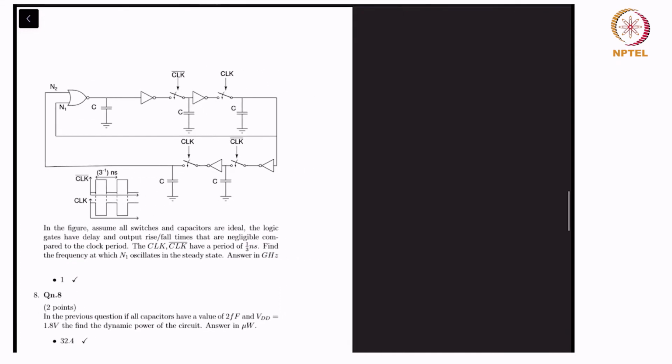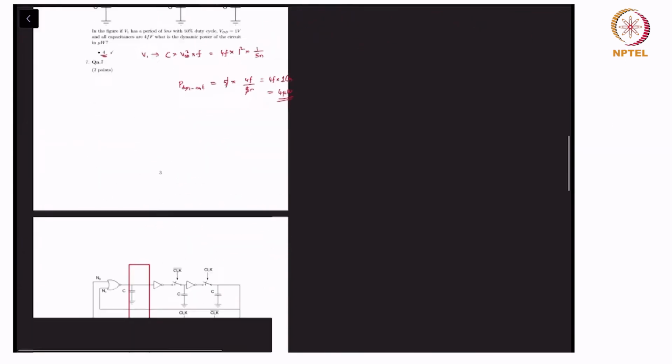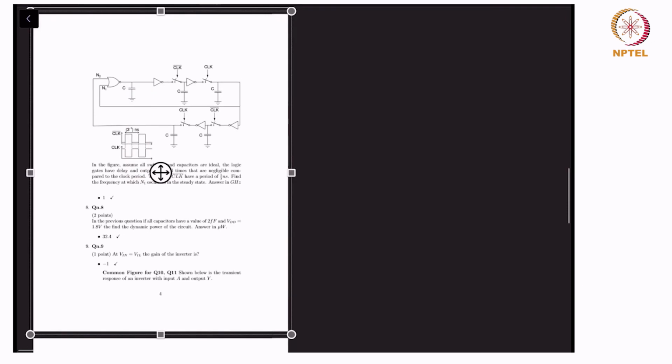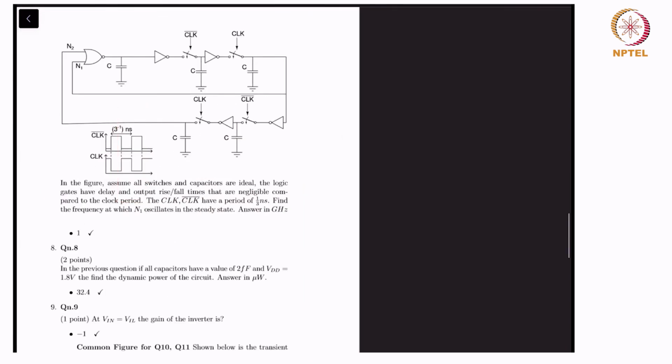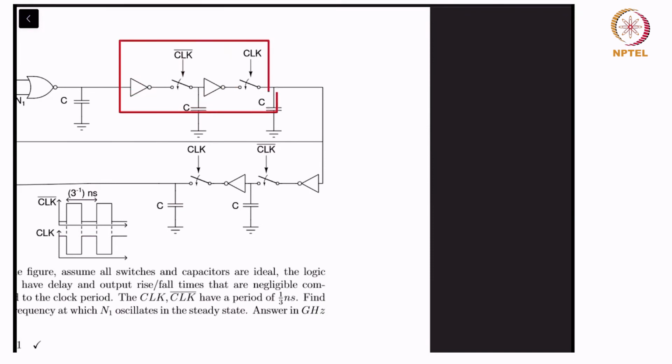So this figure can be analyzed easily by realizing that this pair forms a D flip-flop. This is the input, D input.